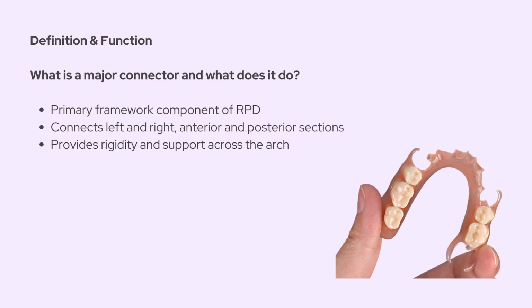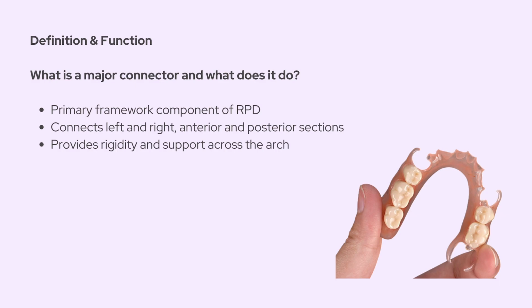So what exactly is a major connector? In simple terms, it's basically the primary framework component that unites all the parts of the removable partial denture. It connects the left side to the right side, the anterior components to the posterior ones, and it provides the rigidity that's needed for the whole prosthesis to function as a unit.